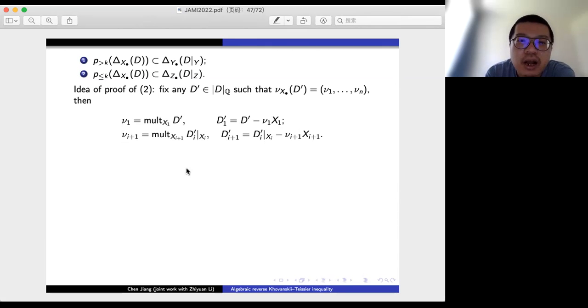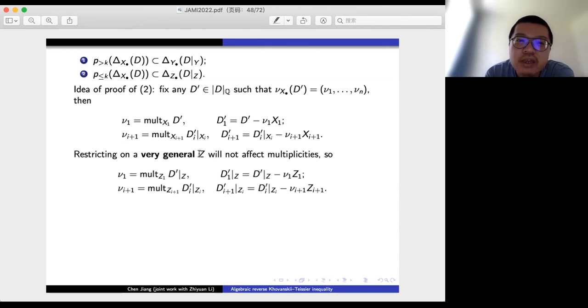But here, as we take Z to be very general, if we restrict D prime to Z, then all these multiplicities are just preserved, right? So actually, we can rewrite this formulation, but with everything on the restriction to Z. Okay, so then all the numbers are preserved.